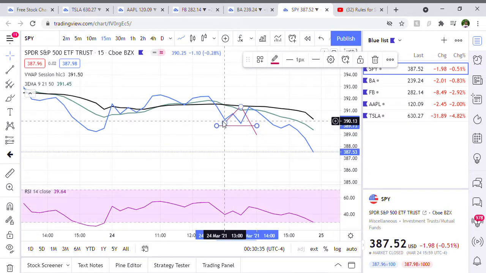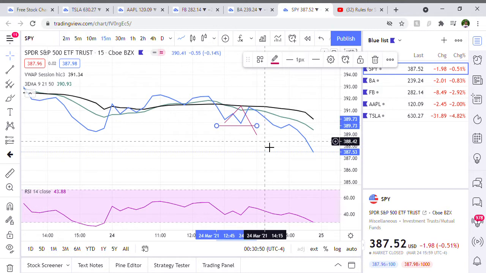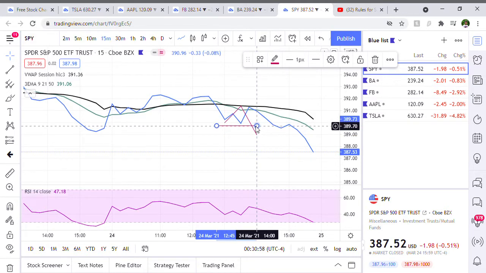Once I identify the trade, I will let it bounce back to the 9 EMA, and then I'll let it fall, and I will enter just a little below the recent low, and I will allow the stock to make a lower low, and I will book my profits on my bearish trade, whether it is a put or a short sell.